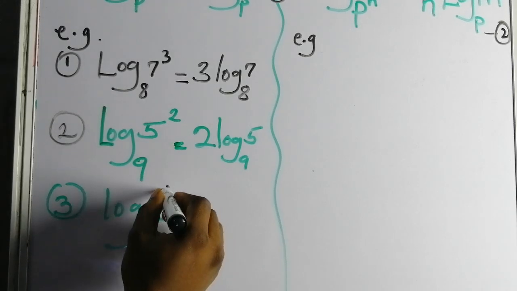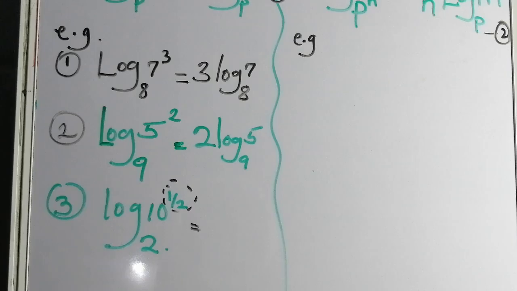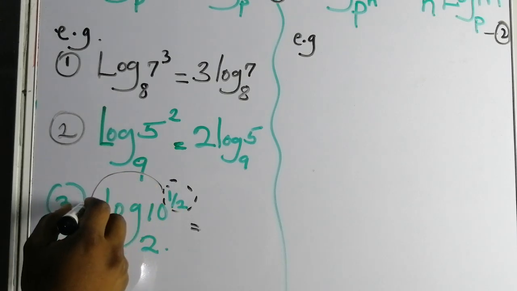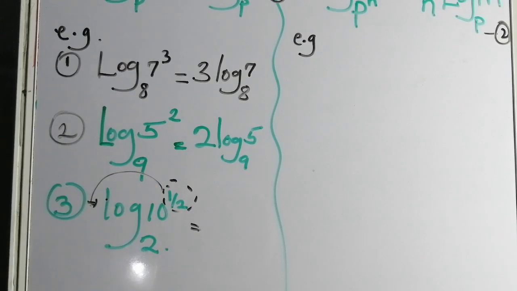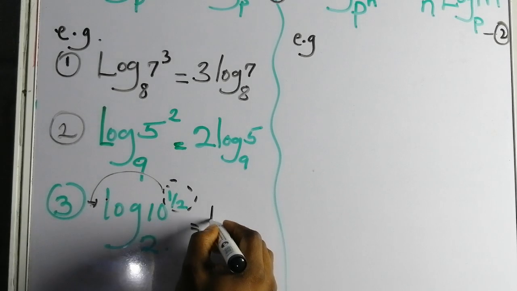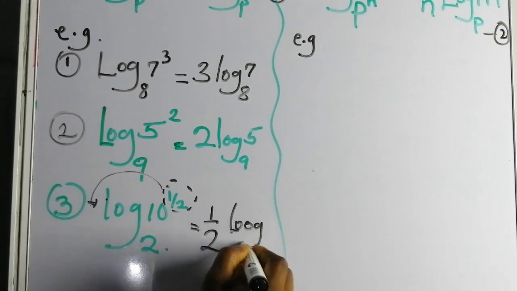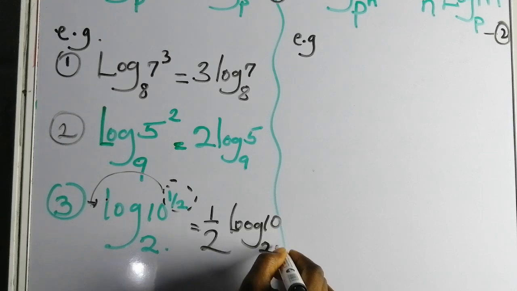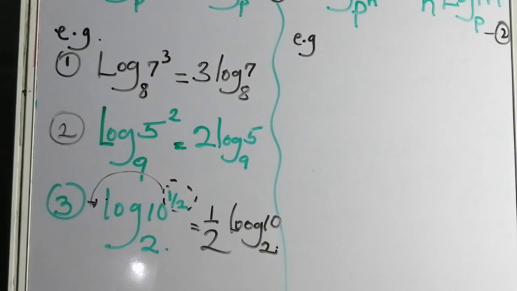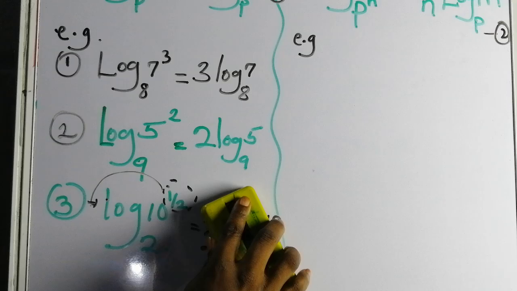This half we are seeing here comes to the back of log. It still follows the same law that we're using. So it will give us half log 10 base 2. Let me rewrite that so that we can understand what this is all about.